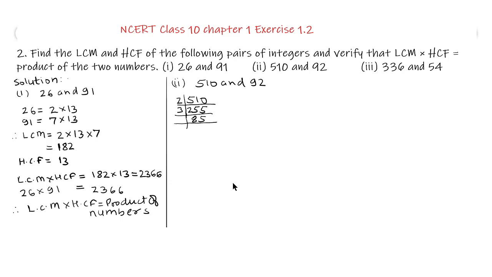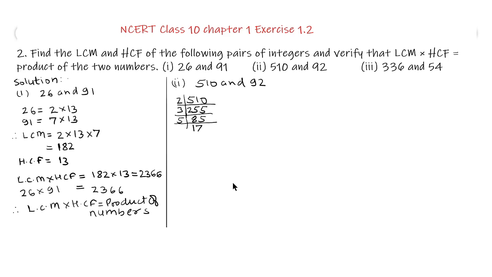And the sum of digits is 8 plus 5 is 13. So it is not divisible by 3. Now as the unit place is 5, so it is divisible by 5. And 5 divides 85, 17 times.